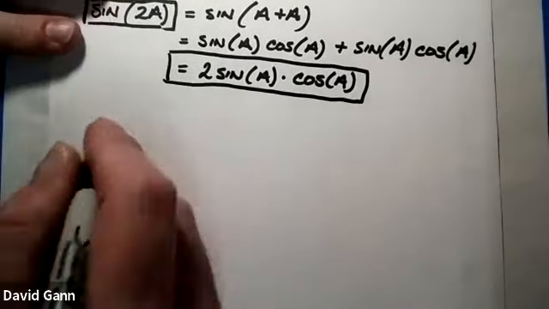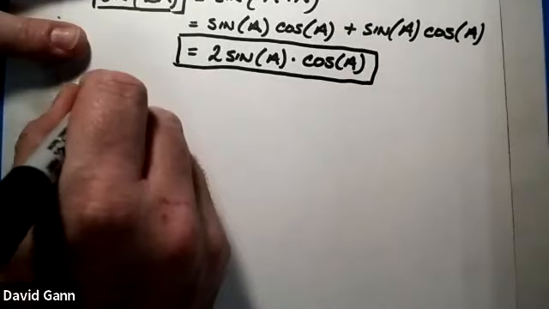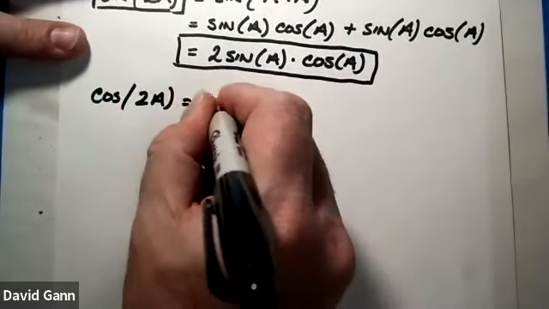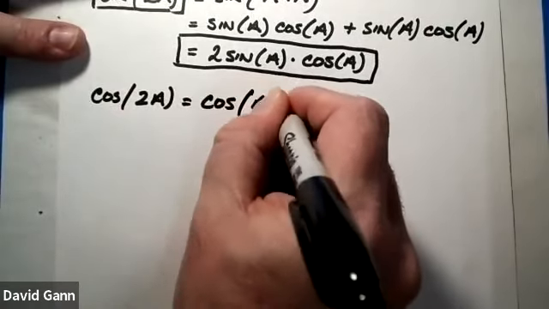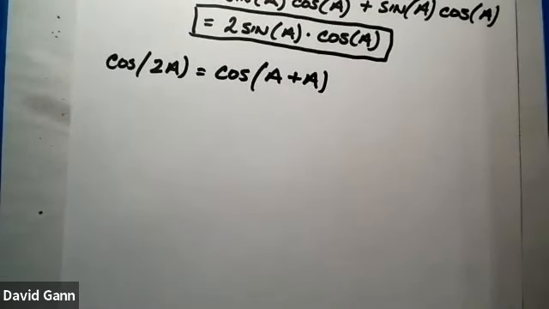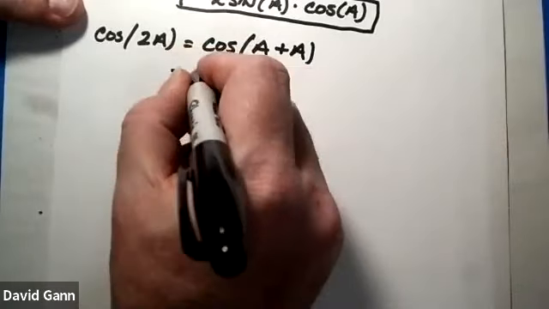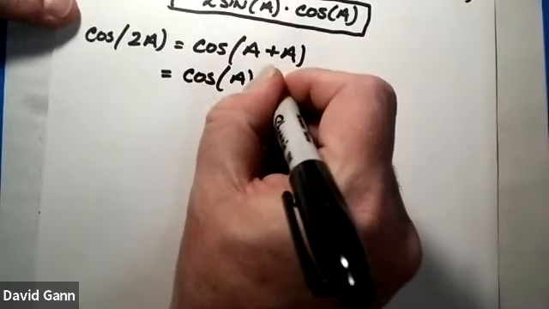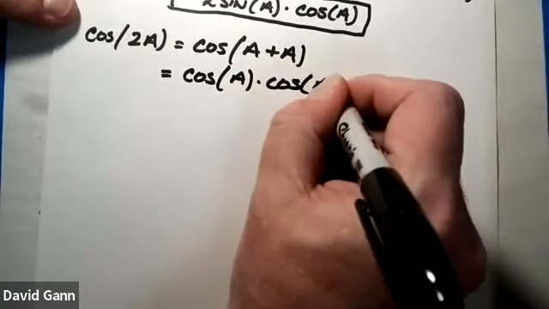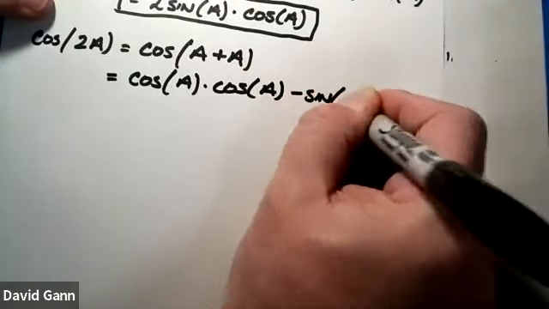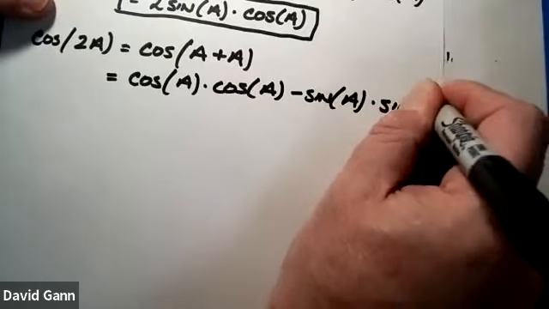So let's start with the same sort of basic idea. Cosine of 2 times some angle is just simply cosine of the angle plus itself. And then use the sum relationship for cosine A plus B, where A is actually equal to B. We have the cosine of the first angle times the cosine of the second angle minus the sine of the first angle times the sine of the second angle.